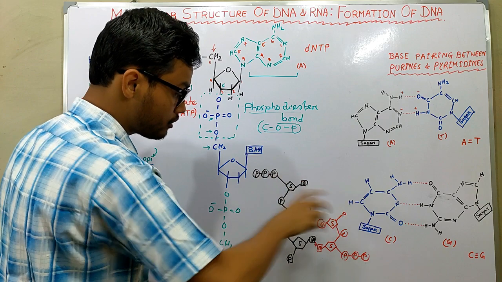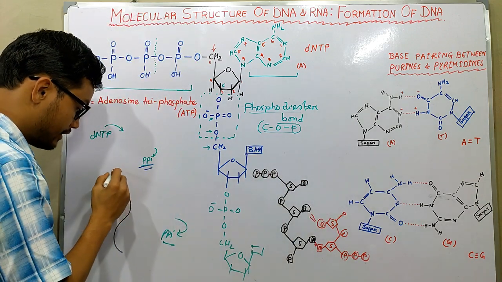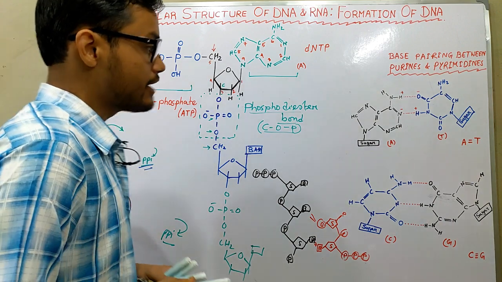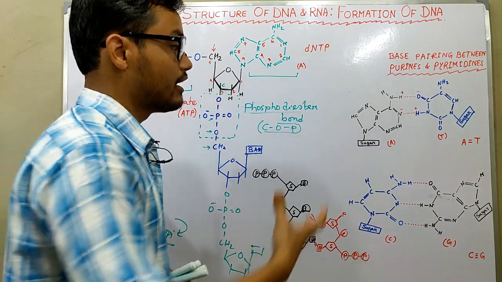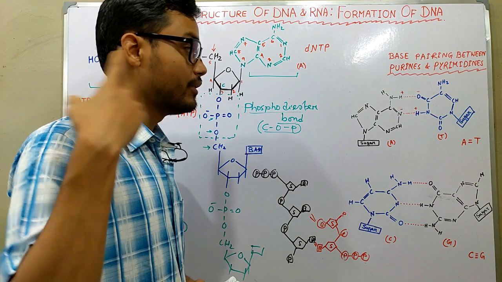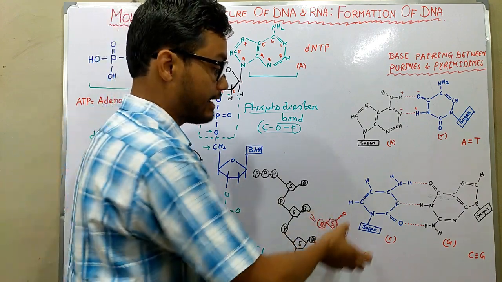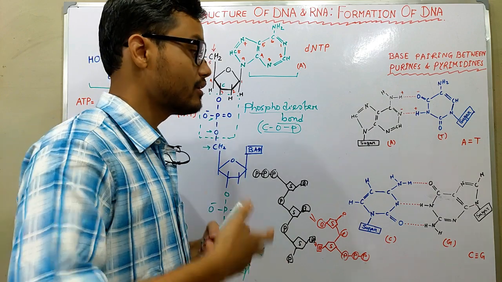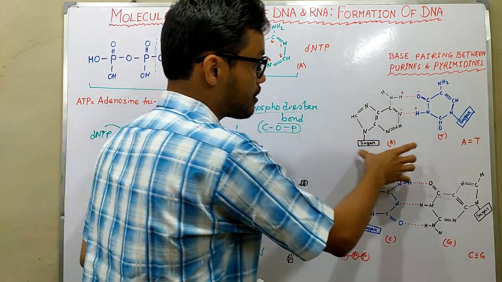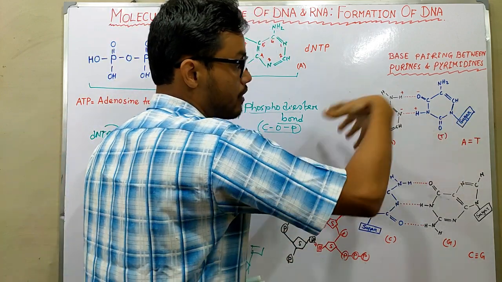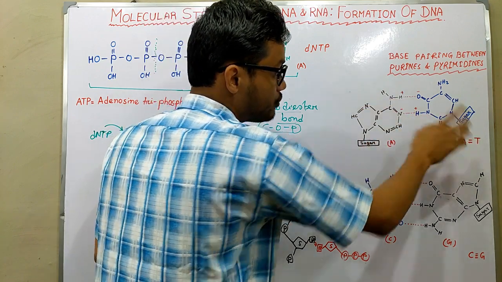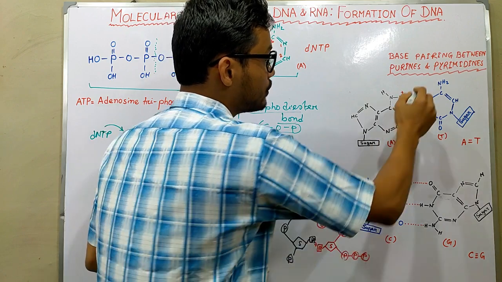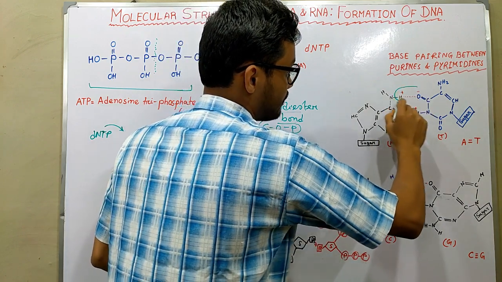Both of the strands make a particular DNA double helix structure, and in this case we already know that adenine binds with thymine with 2 bonds and cytosine pairs with guanine with 3 bonds. Here is the structure of adenine and thymine. Those form 2 bonds.